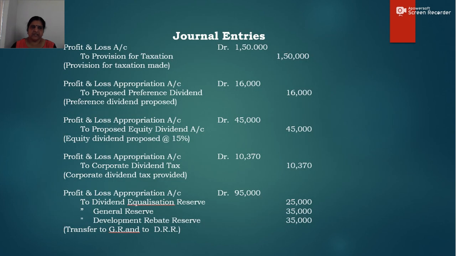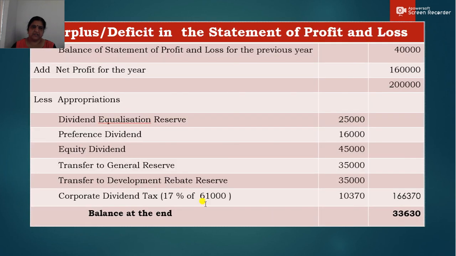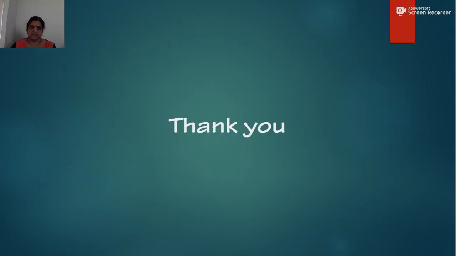So the journal entry will be profit and loss, not profit and loss appropriation, but profit and loss account debtor to provision for taxation. So this is the journal entry, and this one is the solution, that is surplus or deficit in the statement of profit and loss. Hope it is clear. Okay, then thank you.